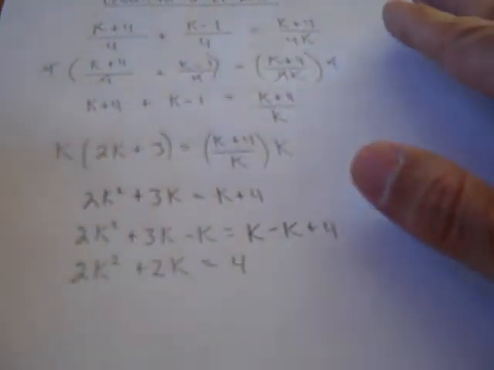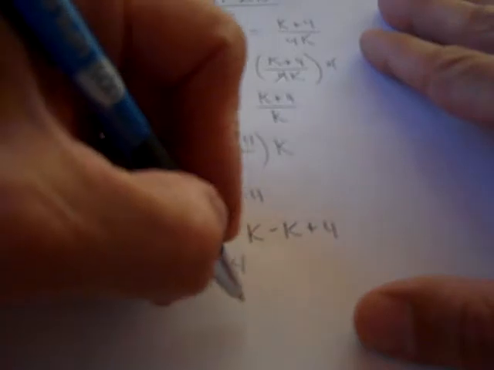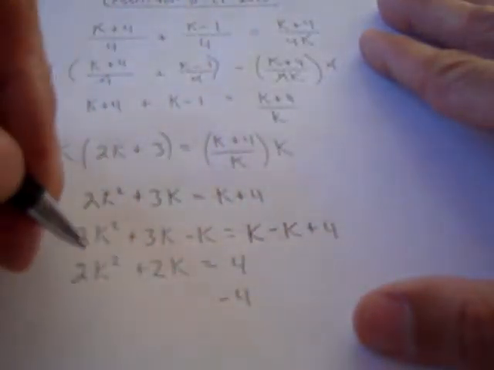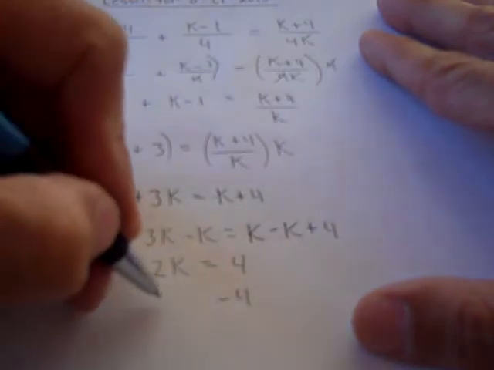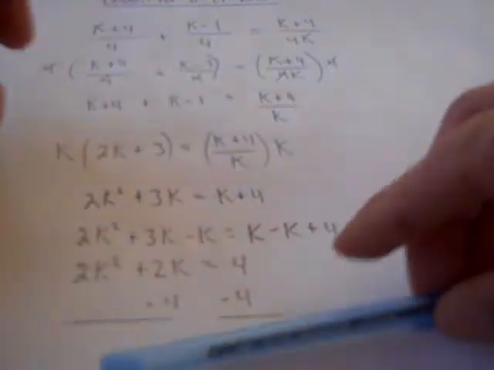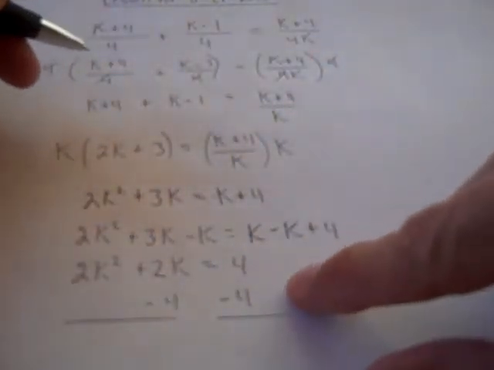Alright, we're almost there. All we need to do now is subtract 4 from both sides. So I'm going to subtract 4 from the right hand side.